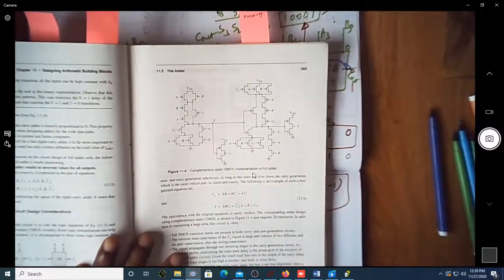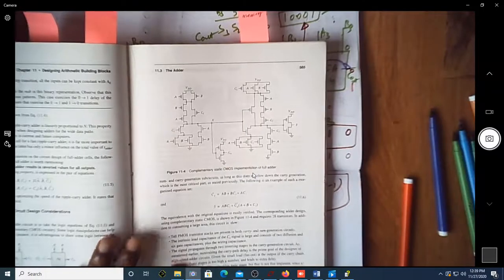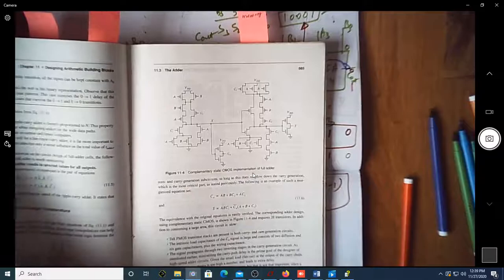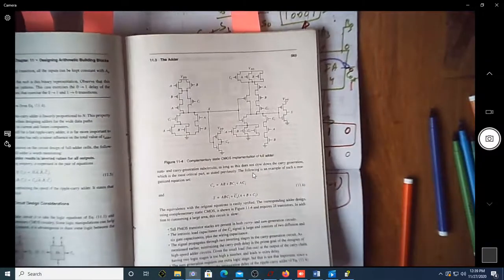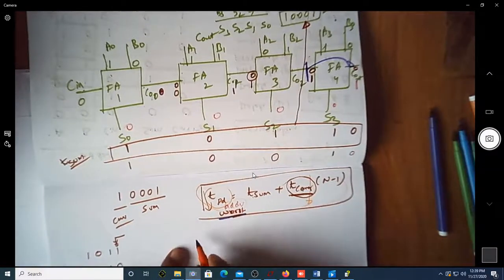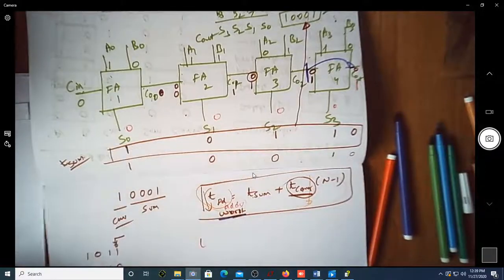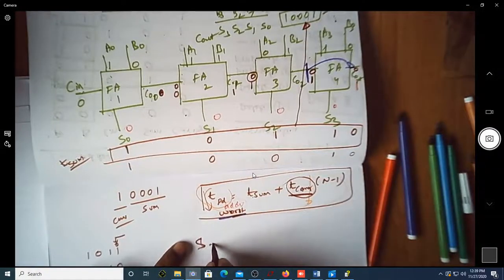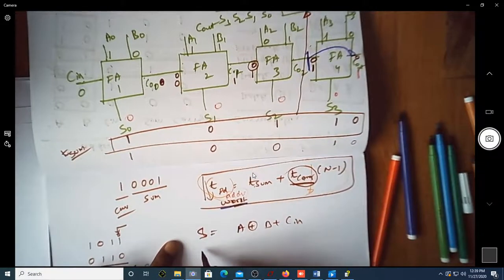This is the implementation of the sum and carry. Let me show you the other way of implementing it. We know that sum is given by A exclusive-OR B exclusive-OR Cin.